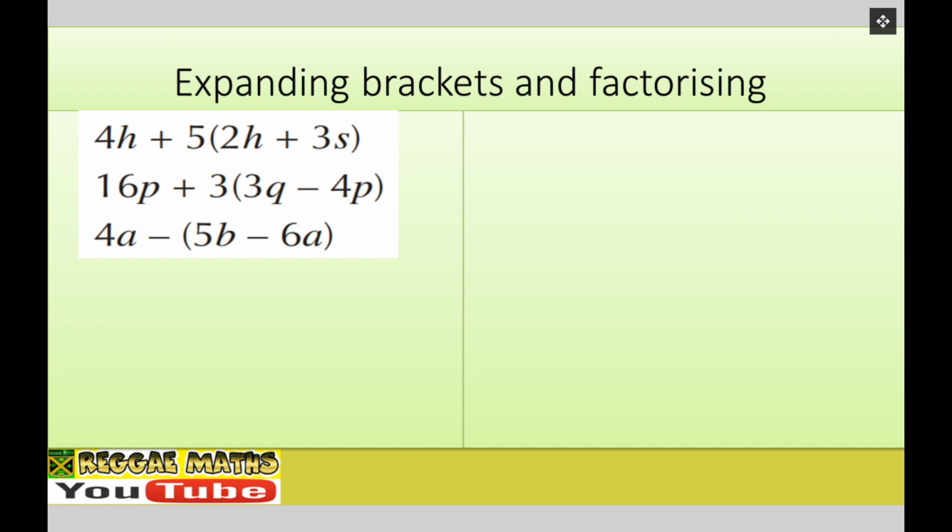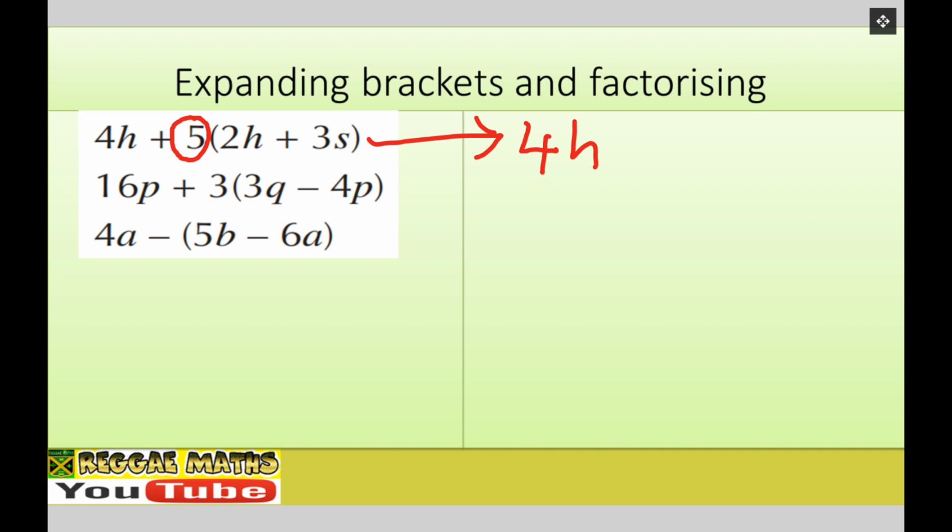Okay, now if you look at this here, you've got an extra section to this. You need to expand and simplify. First of all, remember the number outside the bracket is multiplied by everything inside the bracket. So 5 is outside of the bracket. You carry the 4h because that has nothing to do with the bracket.